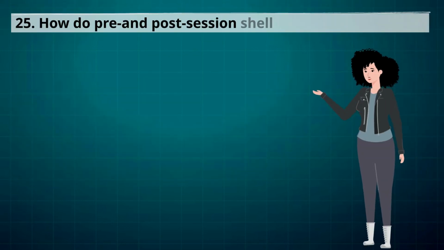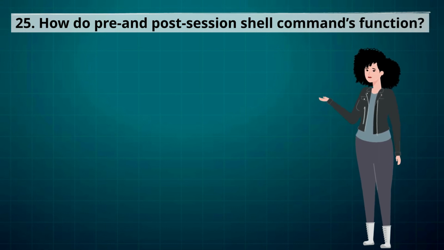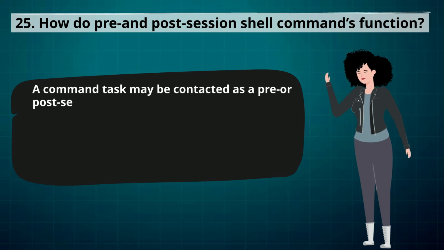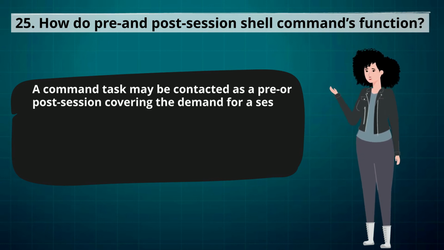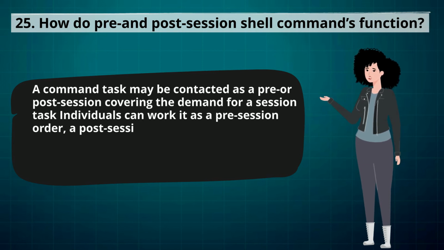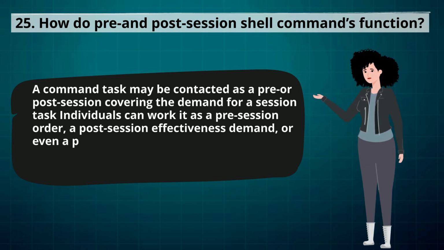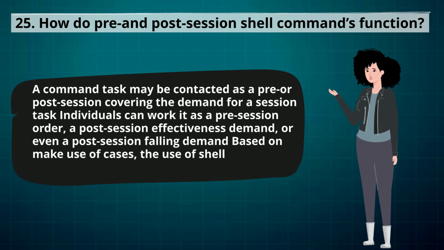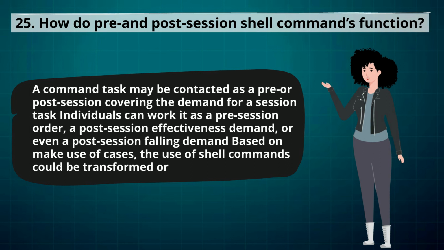How do pre- and post-session shell commands function? A command task may be called as a pre- or post-session shell command for a session task. Users can run it as a pre-session command, a post-session success command, or a post-session failure command. Based on use cases, the use of shell commands could be changed or altered.